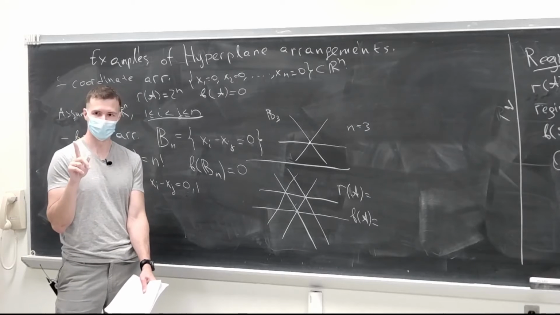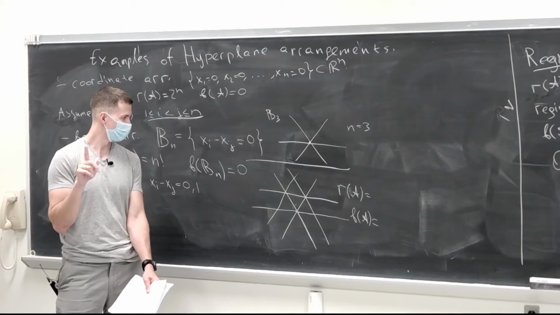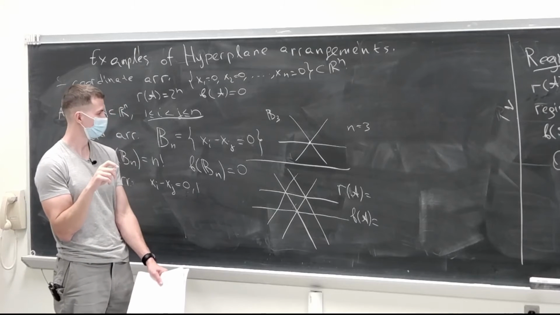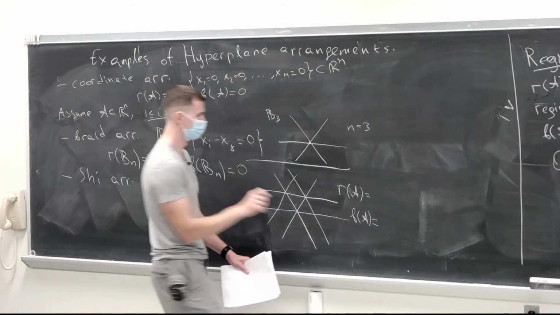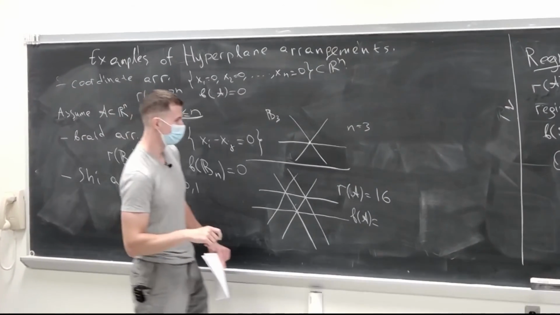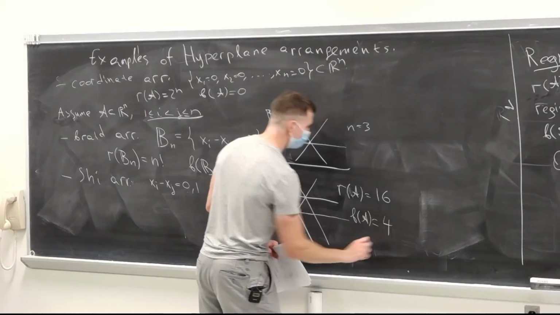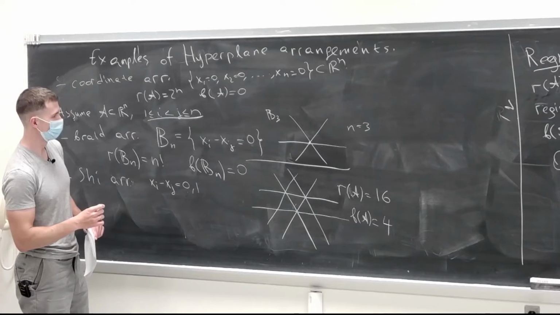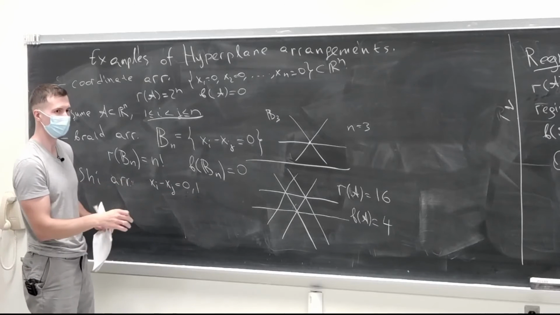That's close, but not quite. 16. All right. Very nice. What's the number of bounded regions? 4. The rank is 2, well, in this case it's 2.